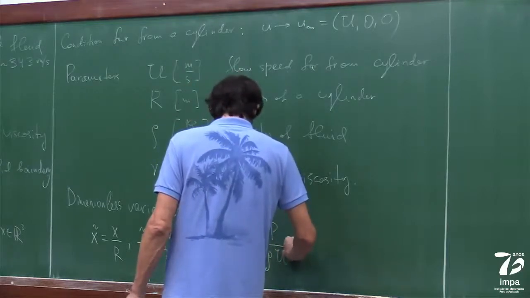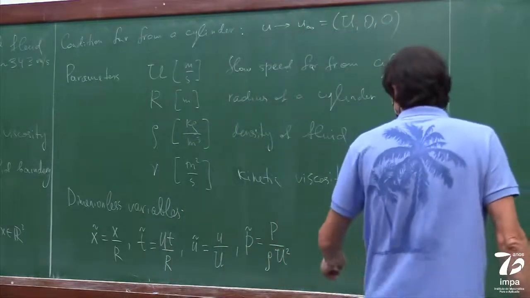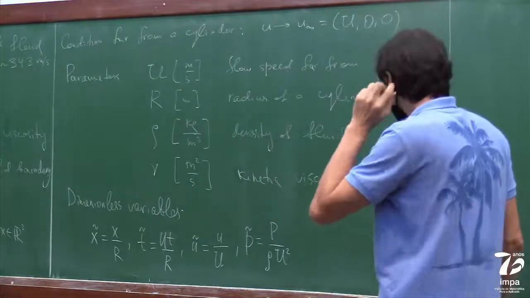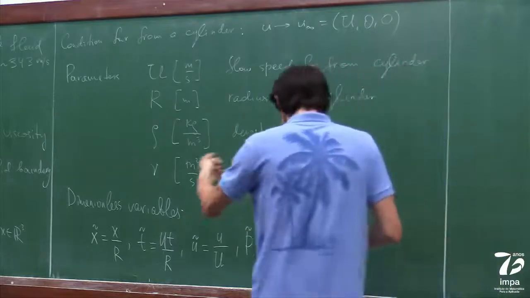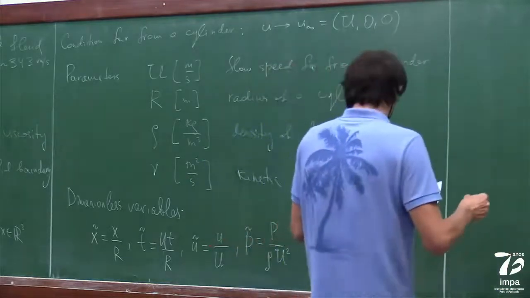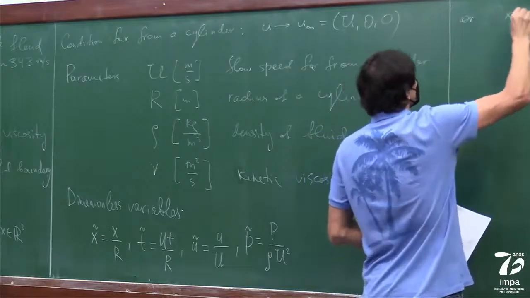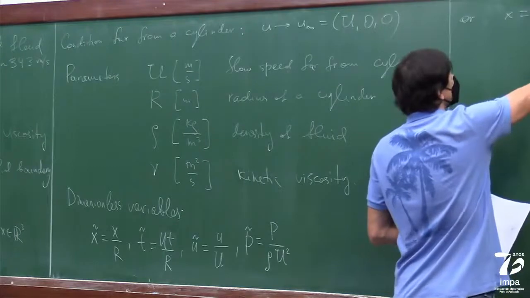If you check dimensions, you will see that you get a dimensionless quantity. Or you can write it the other way around, and just express physical quantities in terms of dimensionless ones.